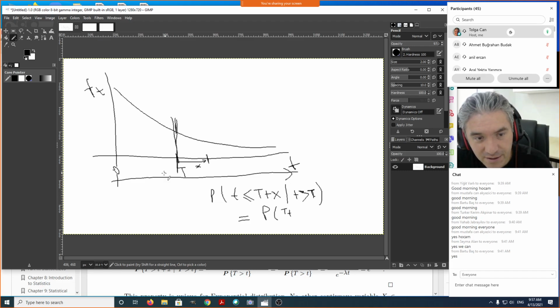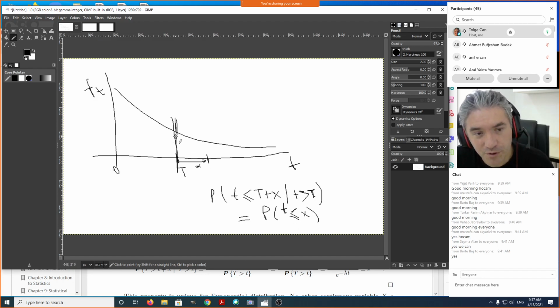So given that it's not here, the probability that it's in this location is equal to, since you know that you're currently at this time, the probability that you will wait T minutes after this time, and the probability that T is going to be less than x is the same thing. Actually, what I wrote here I think was correct. The probability that this T is less than or equal to x, they're equal.